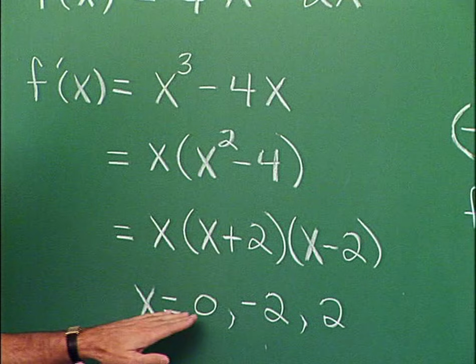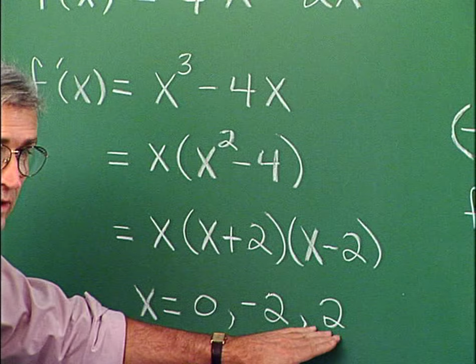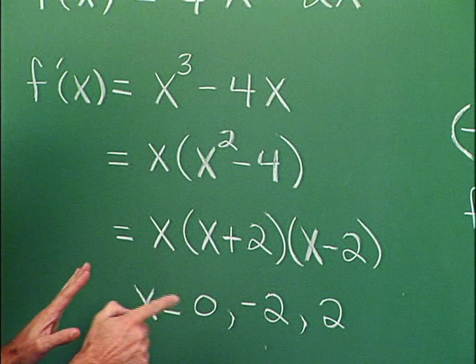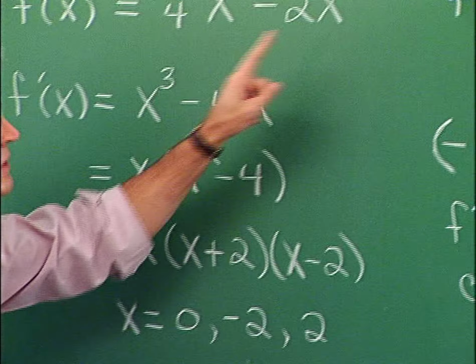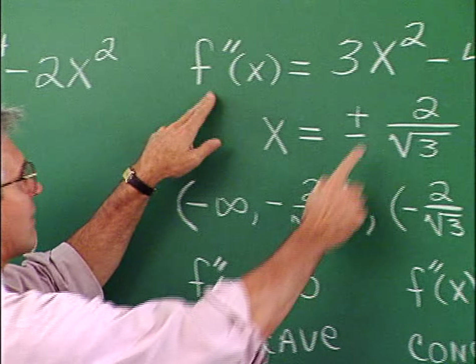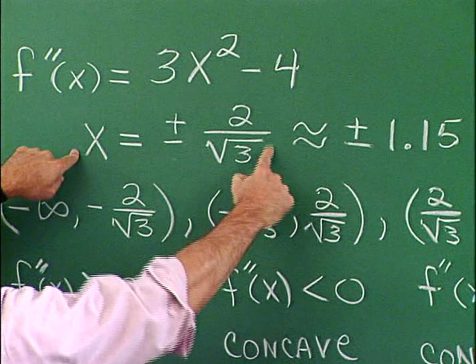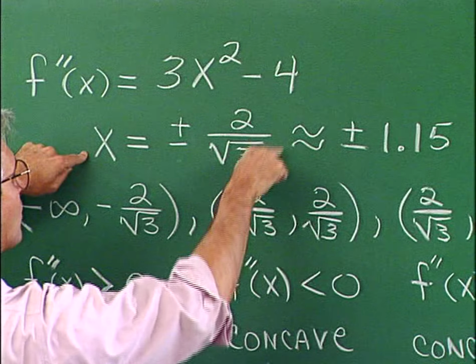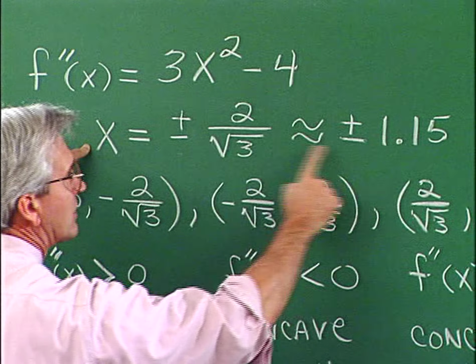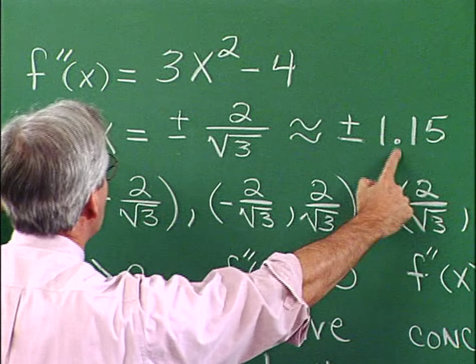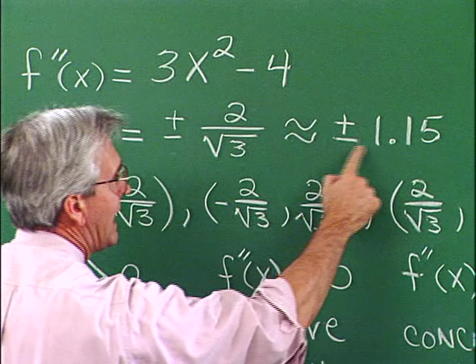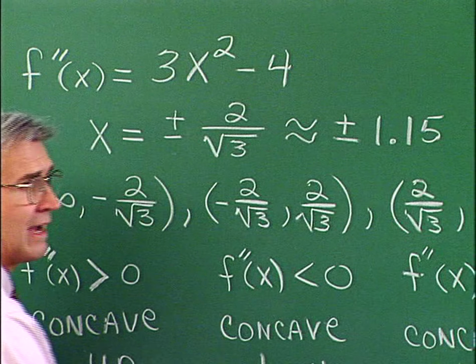That means that these are candidates as points that are relative maximums or relative minimums. All right, second derivative. The second derivative of the function is this, and these are the zeros of the second derivative. Just to give a feeling for what this 2 over the square root of 3 is all about, it's approximately 1.15. So we have zeros at plus or minus 1.15, roughly.